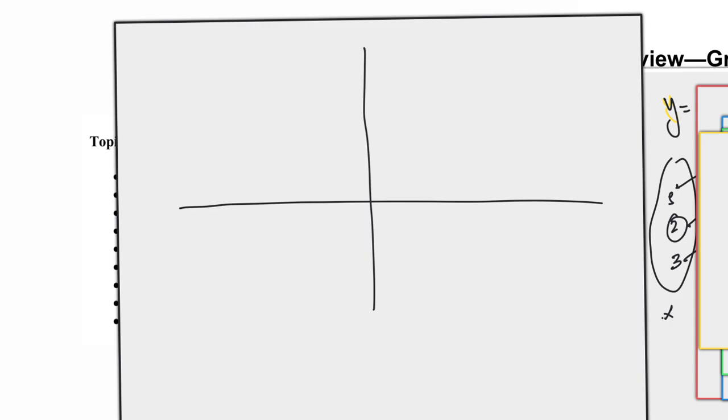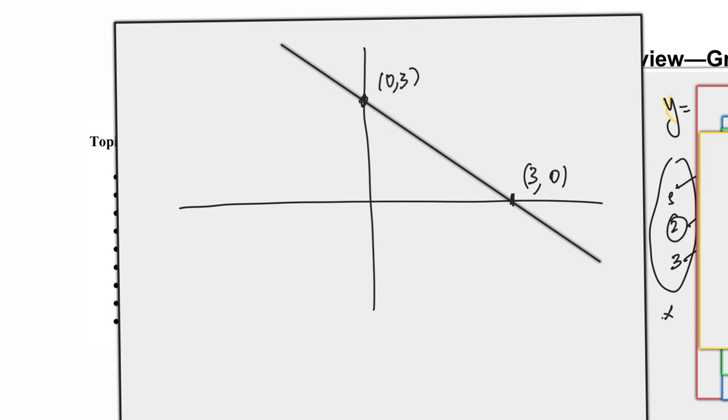This graph is a rectilinear line, and it passes through the point 0, 3, and this is the point 3, 0. There is a rectilinear line that passes through these 2 points.